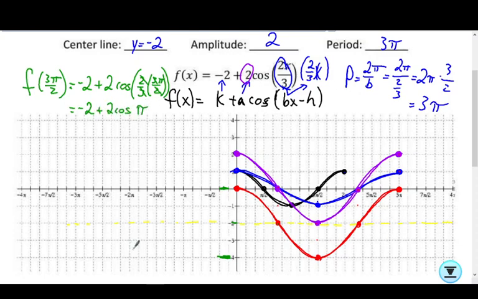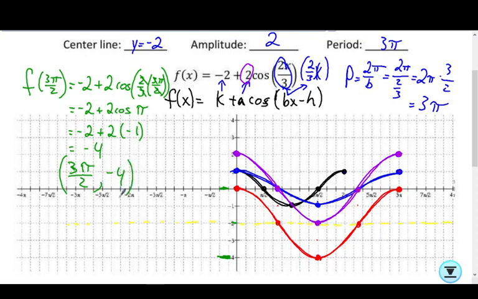Well, what's cosine of pi? That's -1. So we got -2 plus 2 times -1, which means -4.